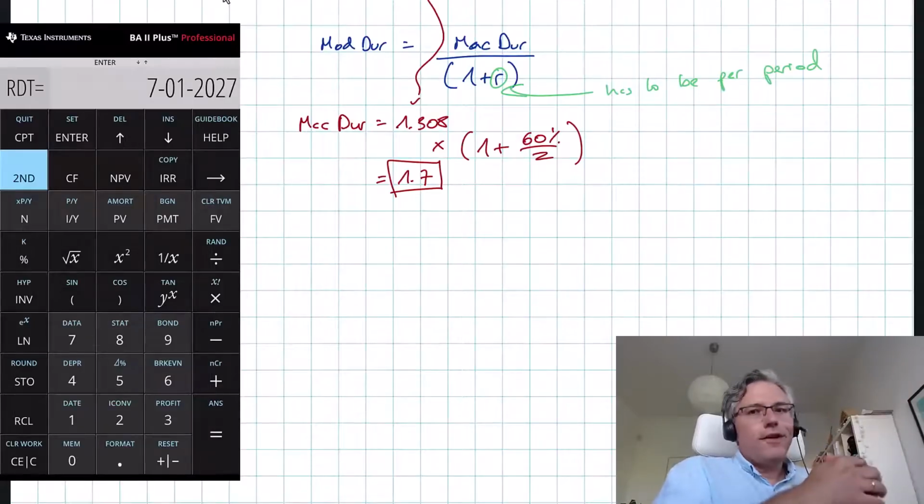I don't think it's fair to ask you to do that in the exam. It's a bit too much work, but still, your calculator can cope with it.